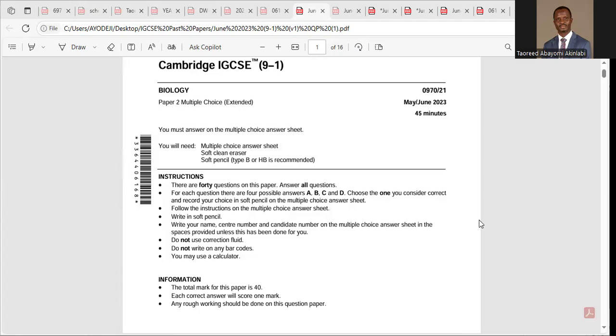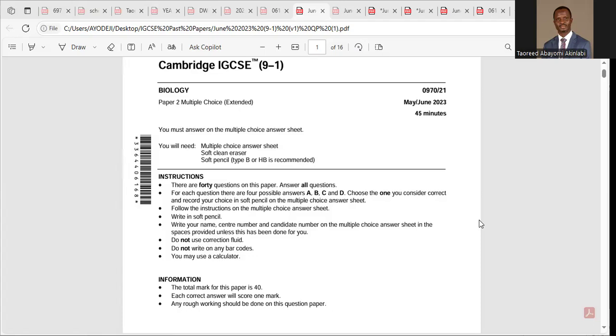For Paper 4, it is 1 hour 15 minutes, and most times 6 questions, sometimes 7 questions, and the mark is usually 80 marks that will be converted to 100 marks.